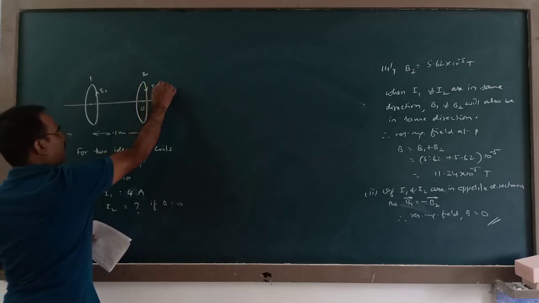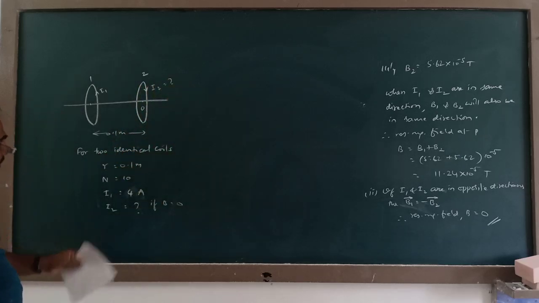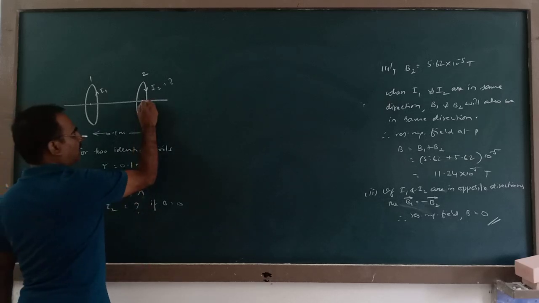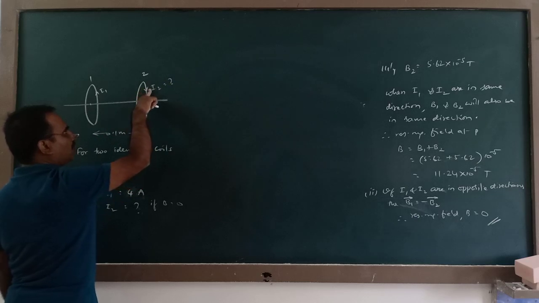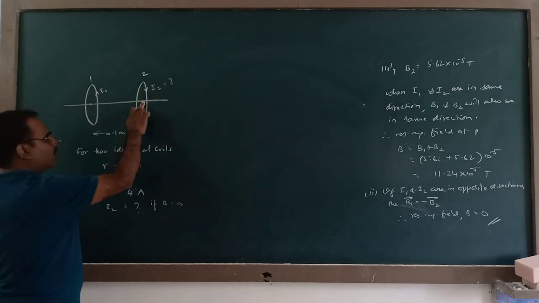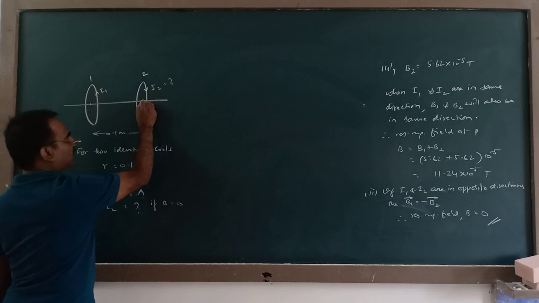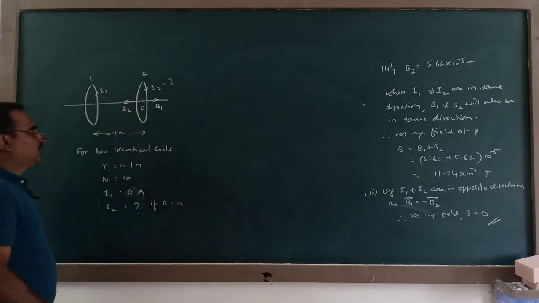This one, you are asked to find this I2, so that the resultant magnetic field at its center is 0. At this point, if the field is to be 0, you are asked to find this current, which should flow in the opposite direction. See, the resultant magnetic field here will become 0 when the field due to this becomes equal and opposite to this.